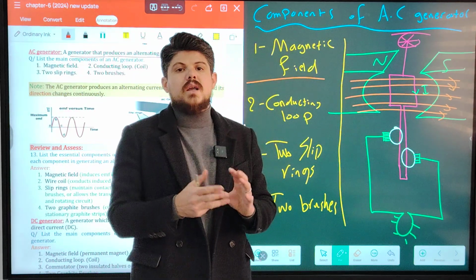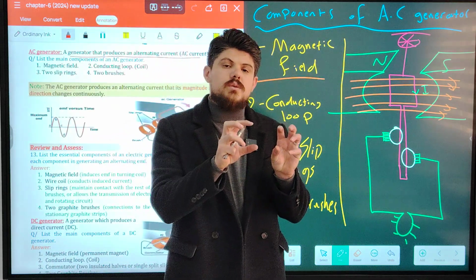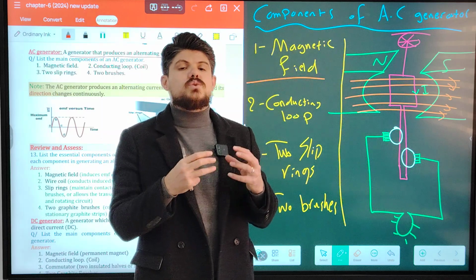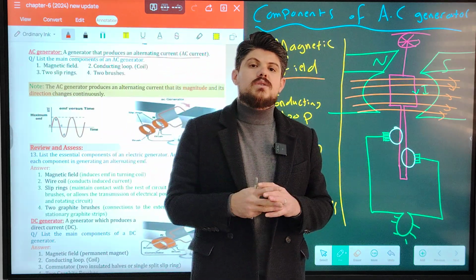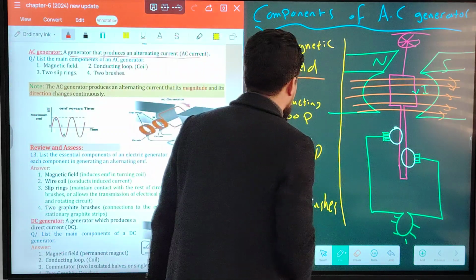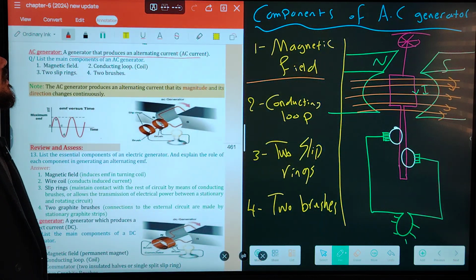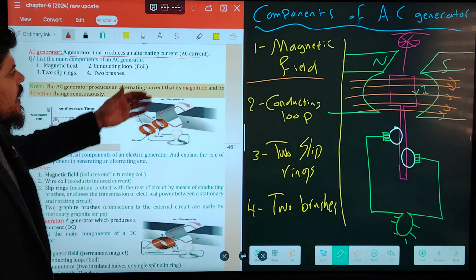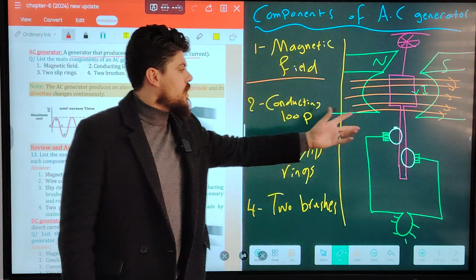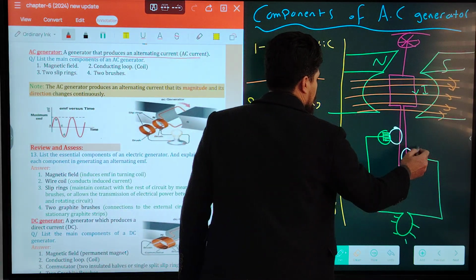To avoid entangling and twisting the wires, we put in the two slip rings and the two brushes. So these are the components of the AC generator: magnetic field, conducting loop, two slip rings, and two brushes.